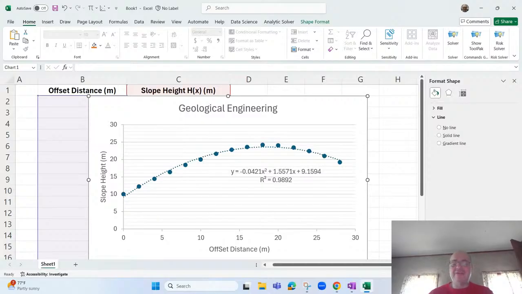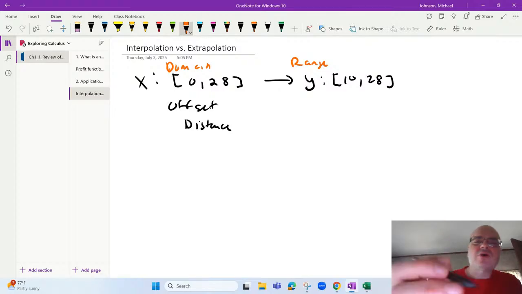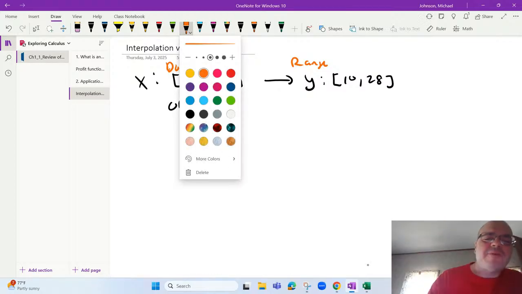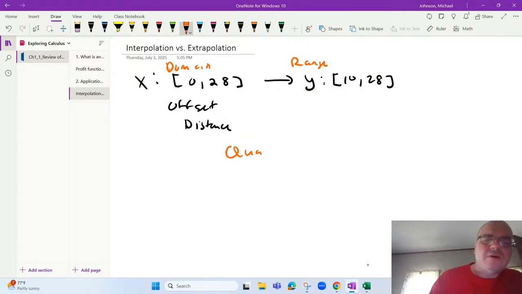Be careful about that. This is a quadratic relationship. So with a quadratic relationship, you have a peak. So the max occurred earlier, before the maximum value of the range.